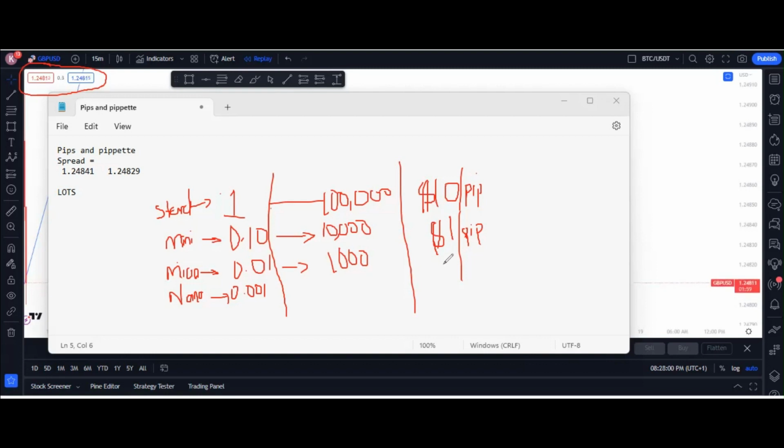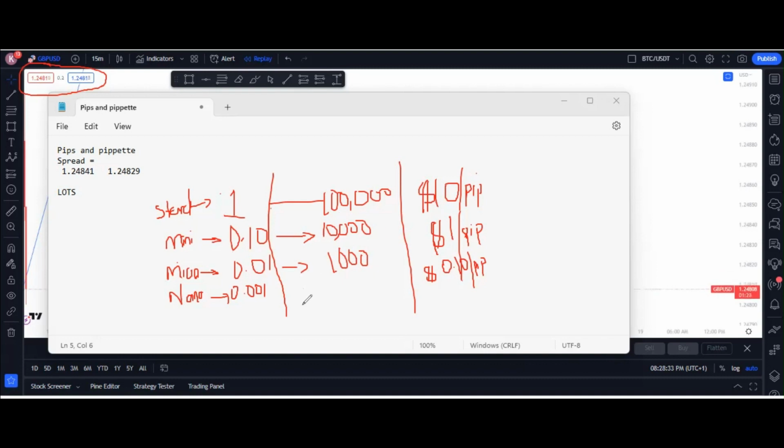You will now have $0.10 per pip. So that's that about lot sizing.